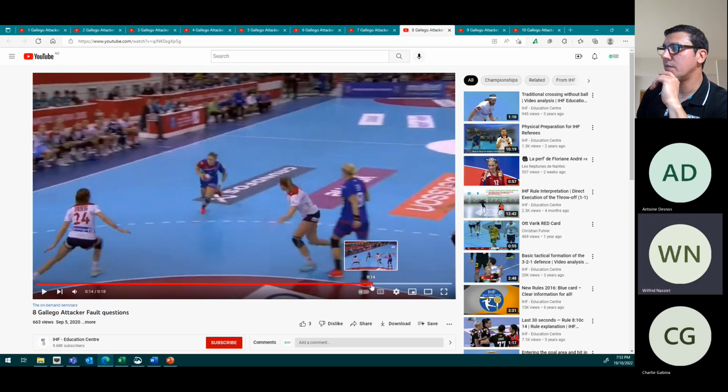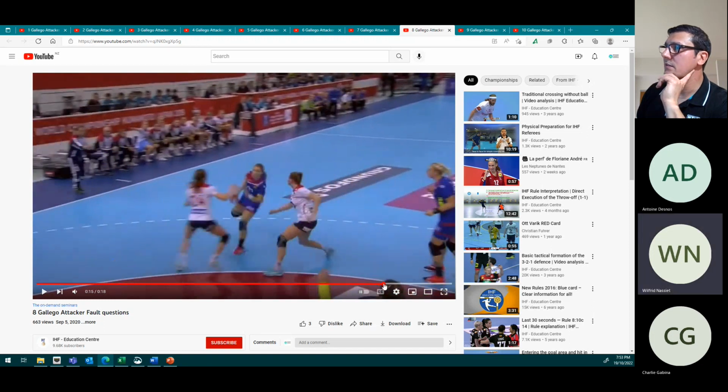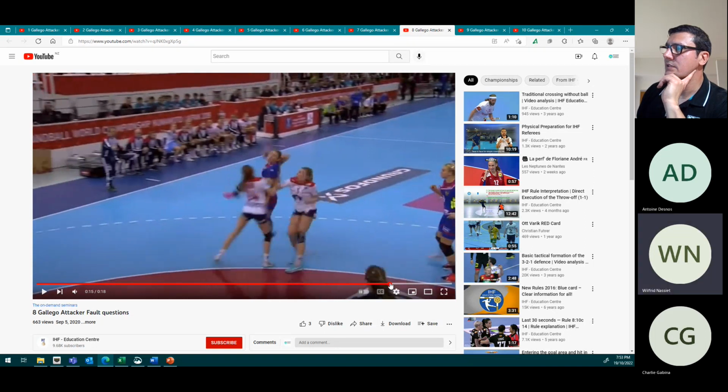But after, if we don't resolve that fault, you can see that the white player on the right is in the area, presenting his side, not facing the attacker. So it could be interpreted as an attacking fault.